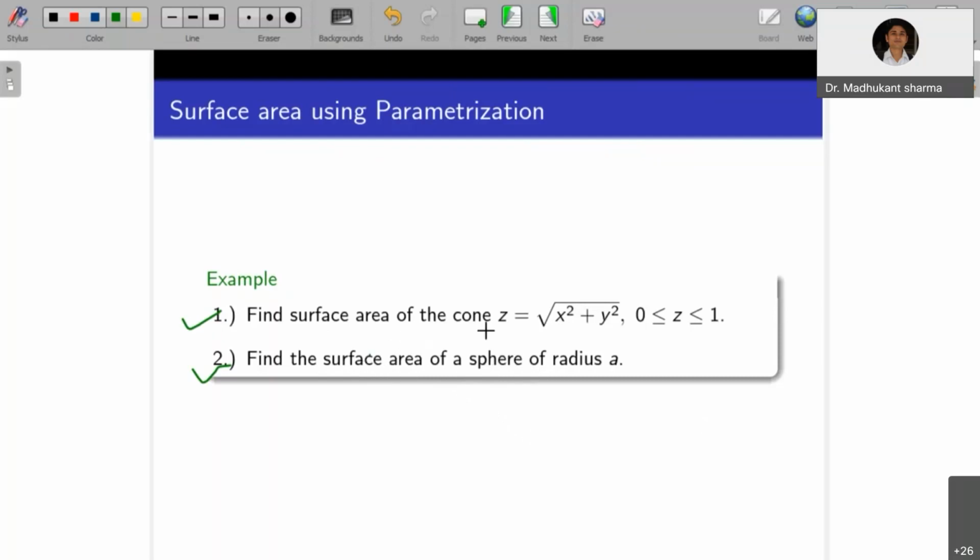So find the surface area of the cone z equals square root of x square plus y square, with 0 less than or equal to z less than or equal to 1. One way is the double integral of S d sigma. Instead of that, we are going to use the parameterization.